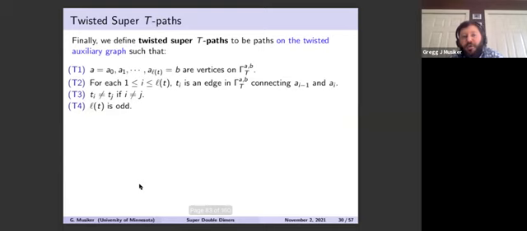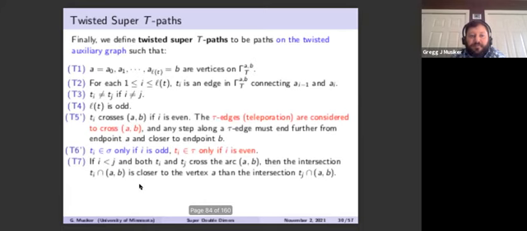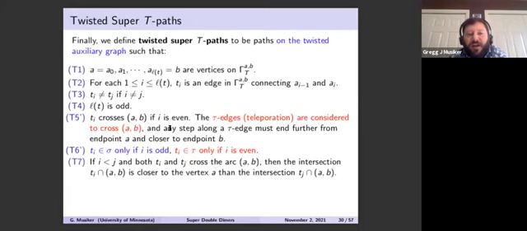And so we're going to build twisted super t-paths on this twisted auxiliary graph. So the first four axioms are exactly the same as Schiffler's, but then we're going to consider teleportation to be even steps, and those cross AB, even though they technically look like they're going along the edge AB.